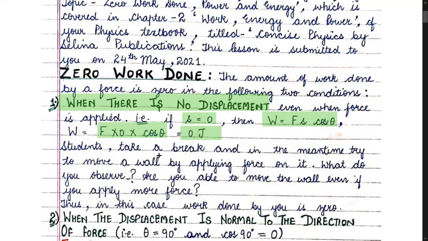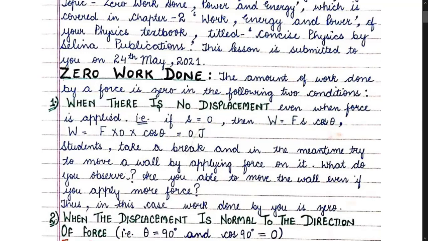Now children can take a break, and in the meantime try to move a wall by applying force on it. What do you observe? Are you able to move the wall even if you apply more force? Children, take the help of your parents also and try to move the wall.